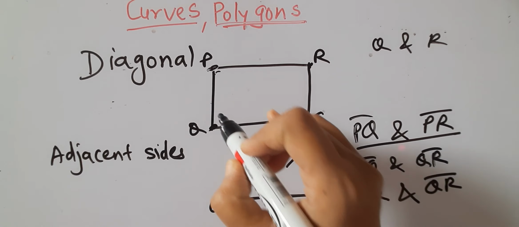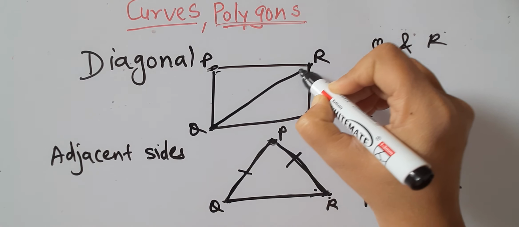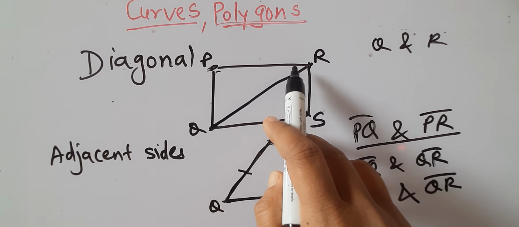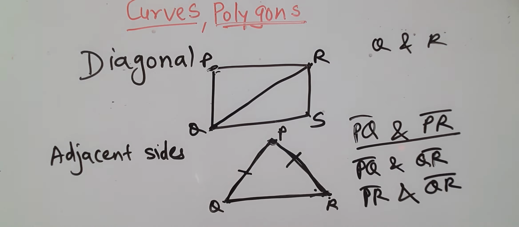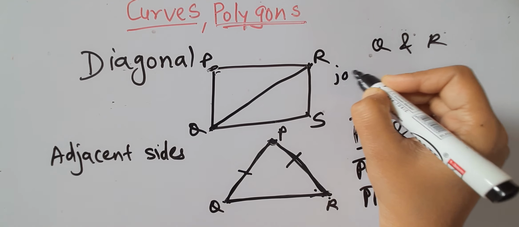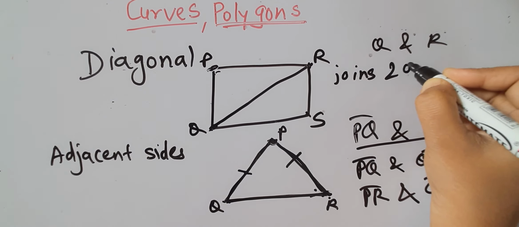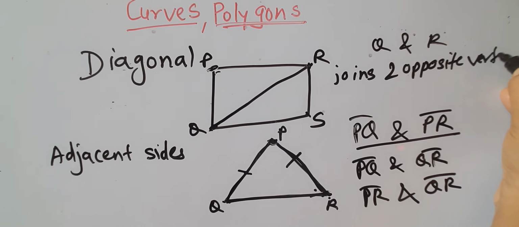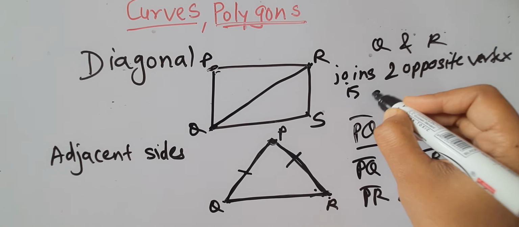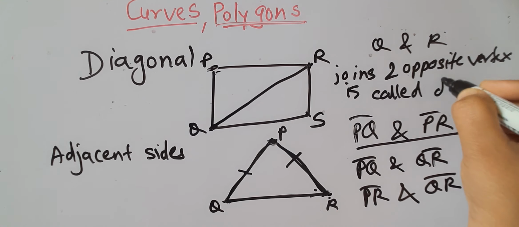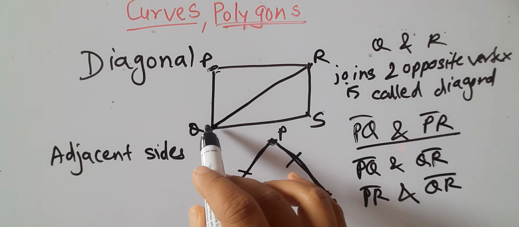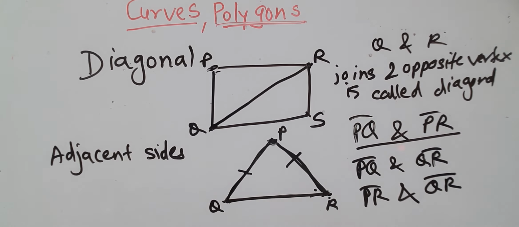Okay, so if I draw a line segment from Q to R, the line segment that joins two opposite vertices is called a diagonal. Okay, so the line segment which joins two opposite vertices is known as a diagonal.